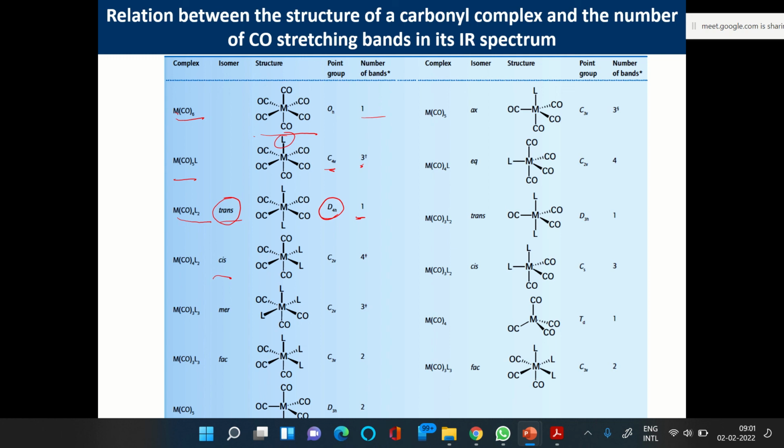Whereas in the cis isomer, you have lost the symmetry. So in a cis isomer, you have a greater number of bands appearing.